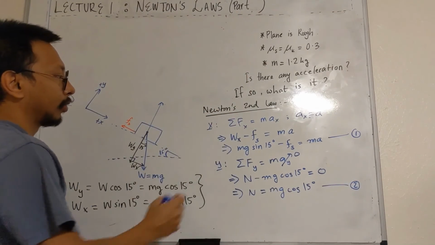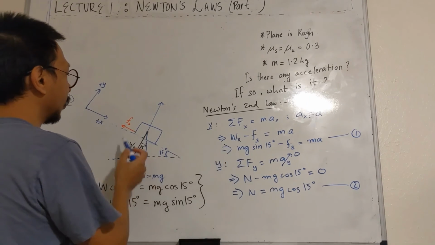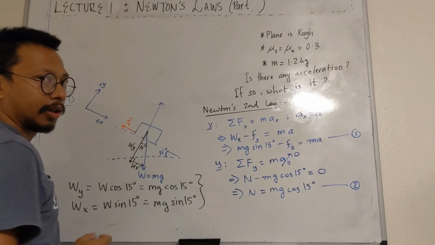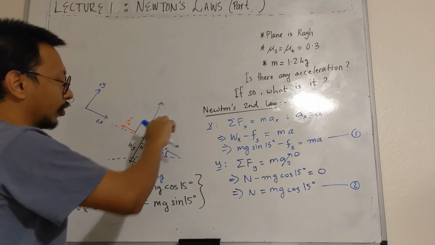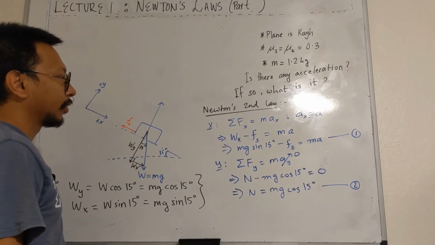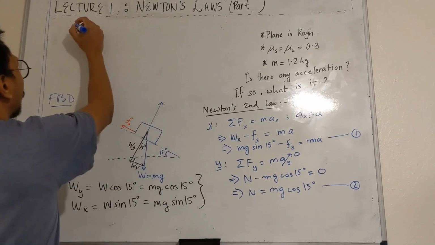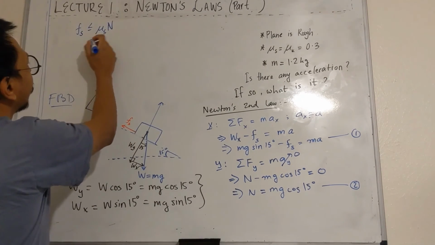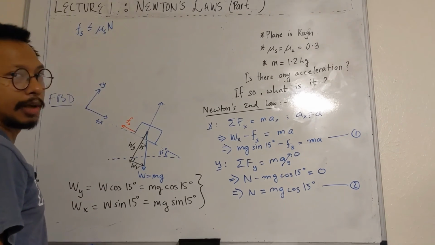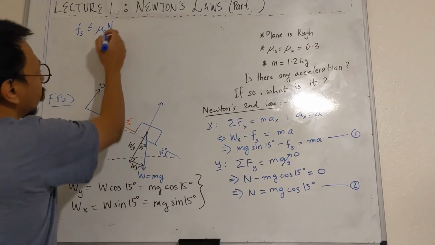Now it's time to check if Wx is actually overcoming the friction to cause an acceleration down along the plane, right? But what is friction? We know the static friction is less than or equal to mu s times n, the static coefficient times the normal force.